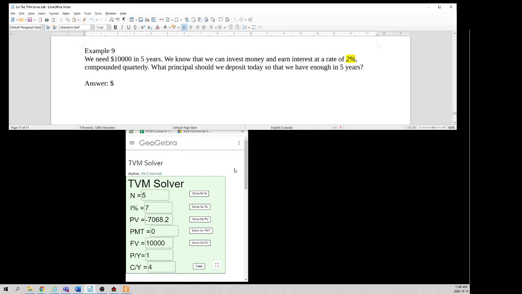Same example, except we are going to change the interest rate to 2%. Do you expect this value to go up or down? We need to get the same amount of money in the same amount of time, but the interest rate is going to pay us less.